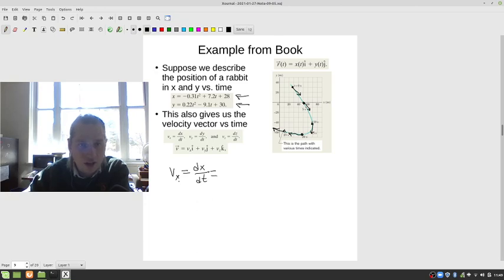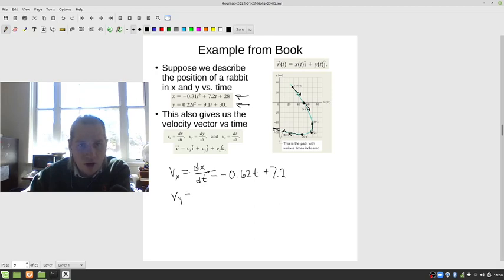Velocity is how the position is changing in time. Just taking that derivative, it would be minus 0.62 t plus 7.2, and then the 7.2 would not contribute because that's a constant.